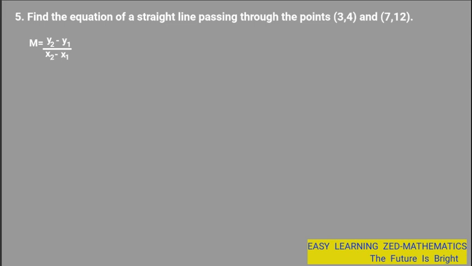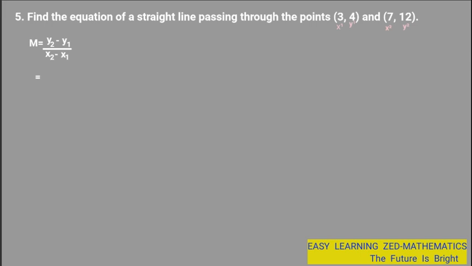We have got (3, 4). 3 in that is x1 and 4 in that is y1, and 7 in the other point is x2 and 12 is y2. Okay, so those are the values of y2 and y1.